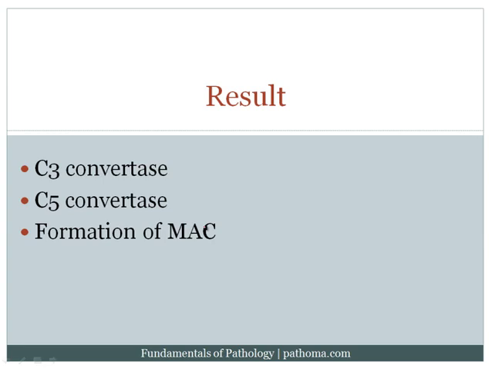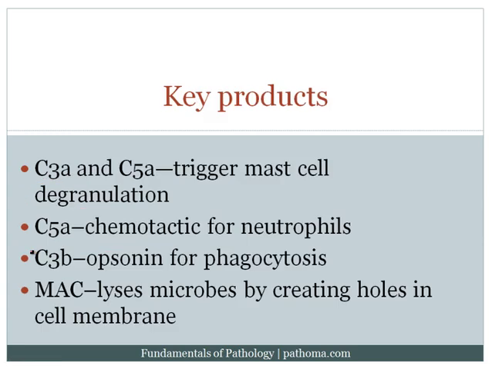And then C5b complexes with C6 through C9 to produce something called the membrane attack complex. And the membrane attack complex produces a hole within the membrane that allows for lysis of the microorganism. So these are really the three key results: C3 convertase generating C3a and C3b, C5 convertase generating C5a and C5b, and then C5b joining with C6 through C9 to form the membrane attack complex.